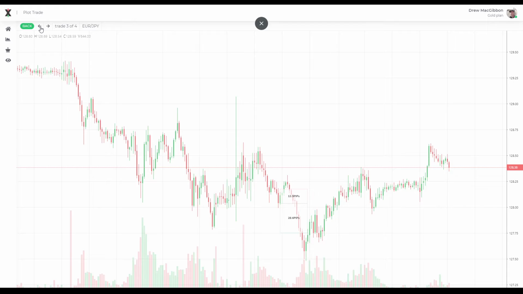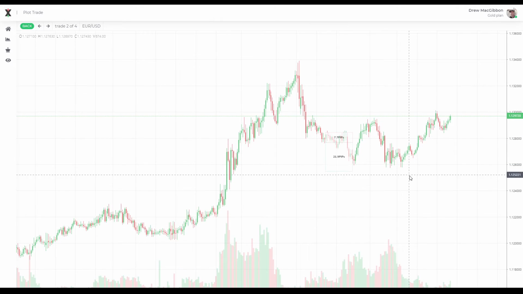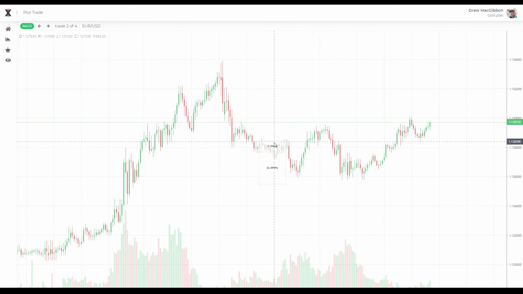So, average trade here. We went in the right direction, however, obviously it didn't go for us. This trade here, again, we've bounced up and we've hit the stop loss.